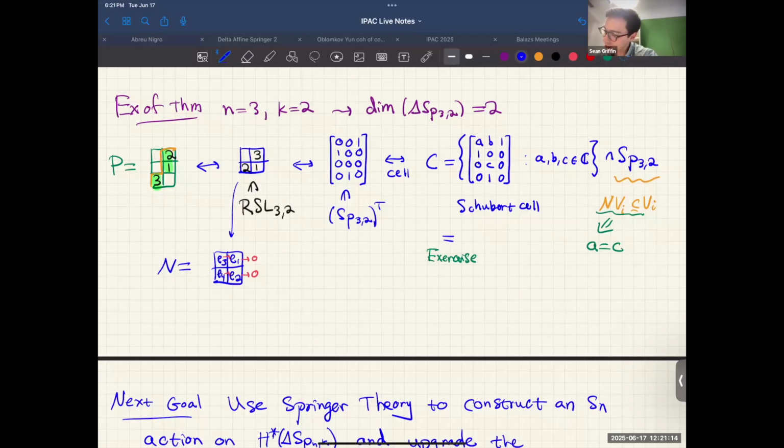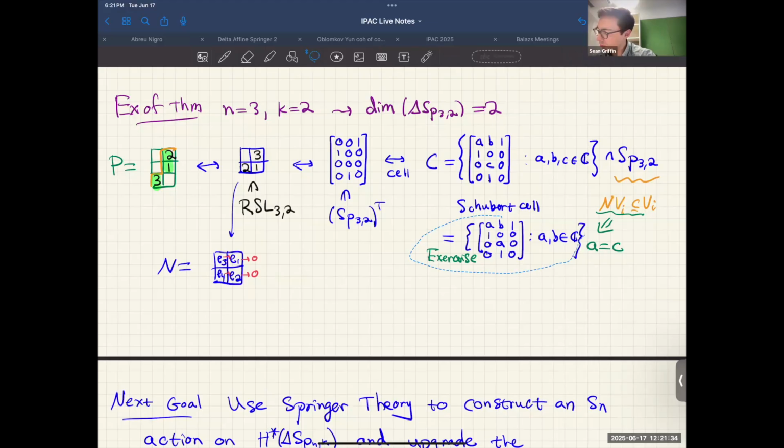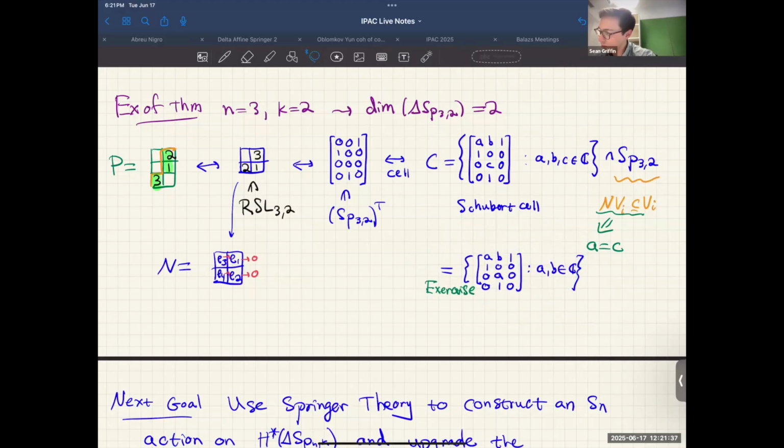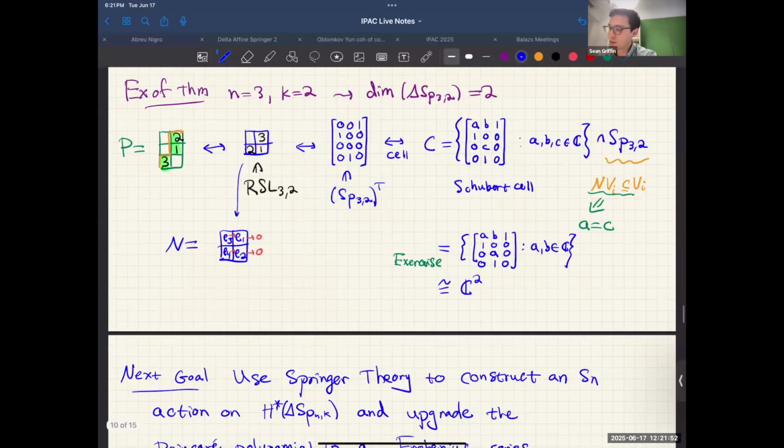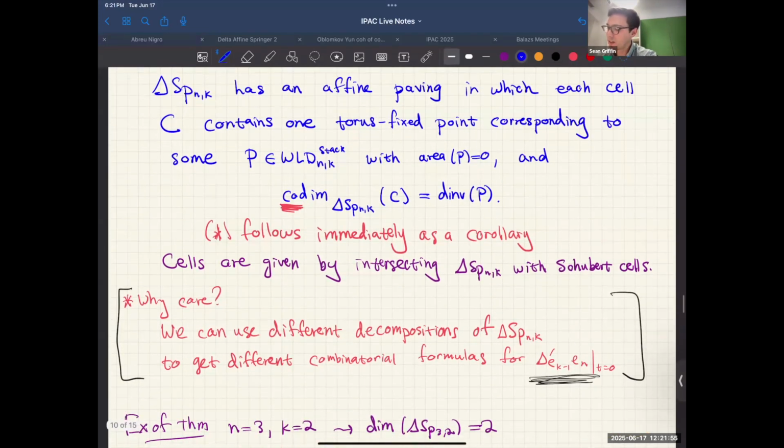So what the cell actually looks like is we have A, B, 1, 1, 0, 0, 0, and then A, 0, 0, 1, 0 for arbitrary A and B. And so this cell is isomorphic to C^2. So the theorem above is telling me that the codimension should equal the dinv.